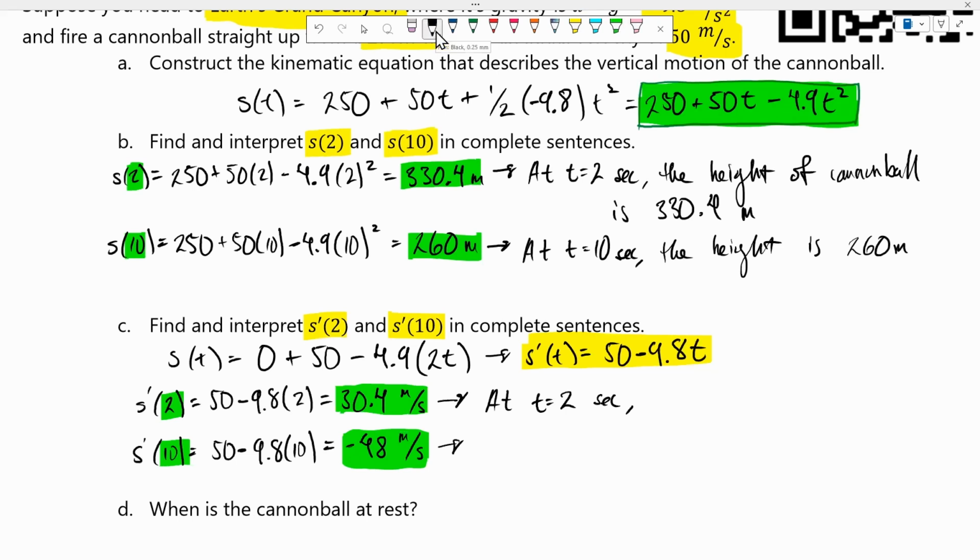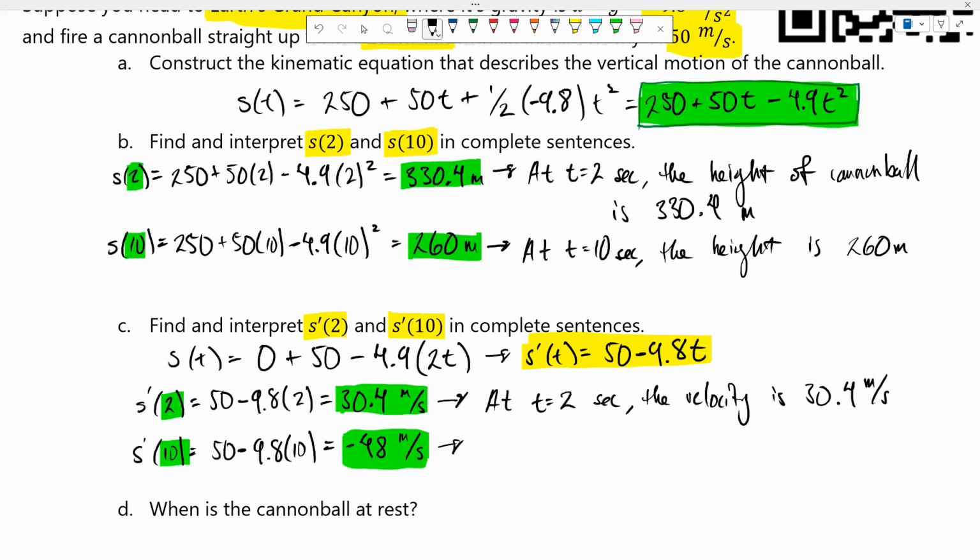At t equal 2 seconds, 30.4 meters per second. So at 2 seconds, what we just found is the velocity of our cannonball at 2 seconds. Does that make sense? So we can say that at t equal 2 seconds, the velocity is 30.4.